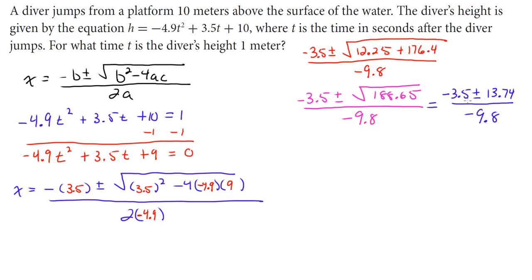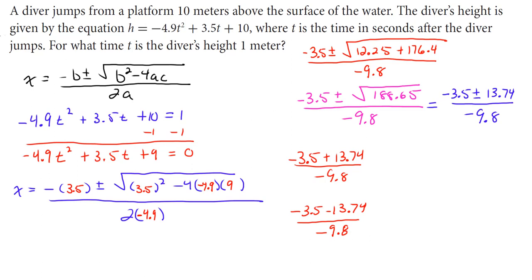Now, if you remember, from here we're going to make our two different fractions. So one fraction is going to be negative 3.5 plus 13.74 over negative 9.8. And the other fraction is going to be negative 3.5 minus 13.74 divided by negative 9.8.